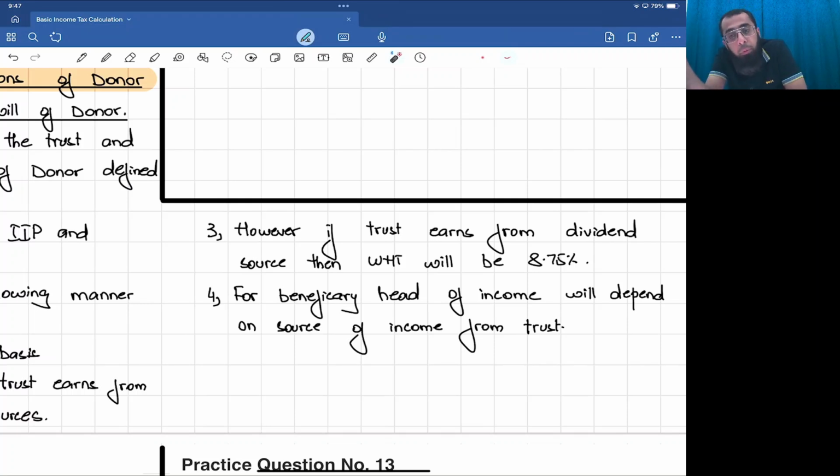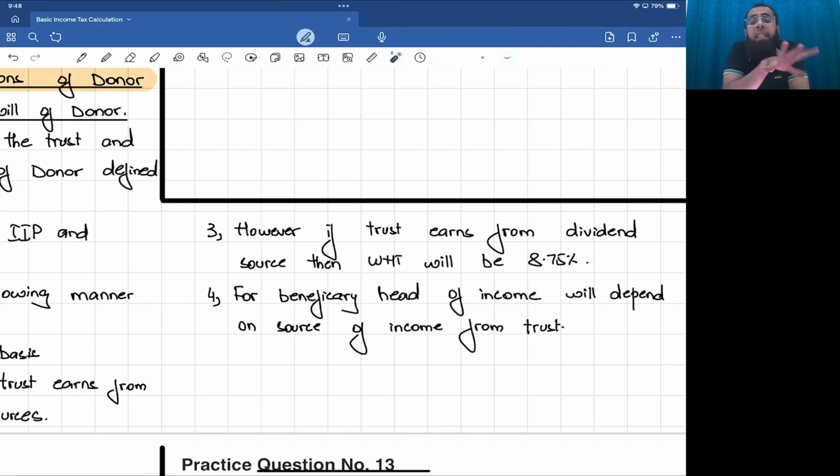If the trust earns from dividend sources, for the beneficiary also it will be dividend income. See, it's logical. If the trust has a portfolio of shares and is earning from dividends, for the beneficiary also it will be dividend income.